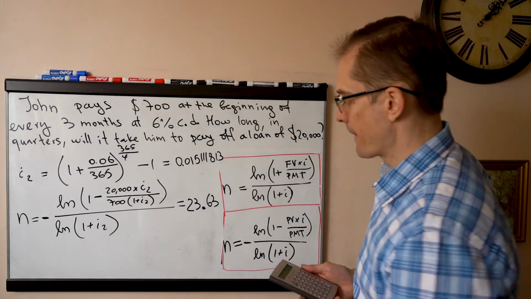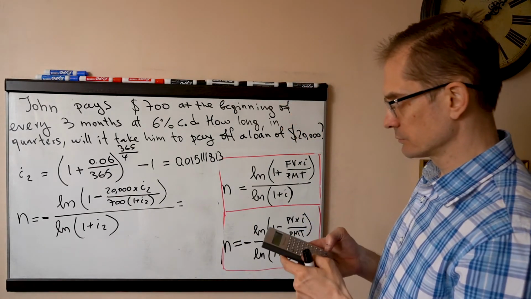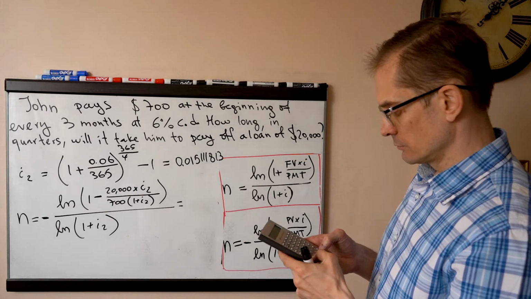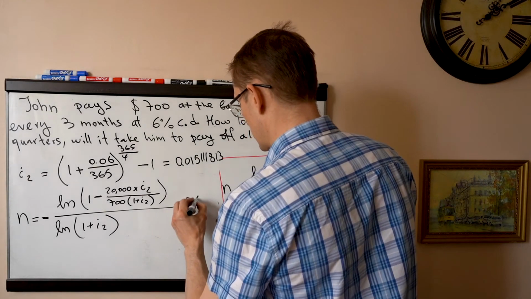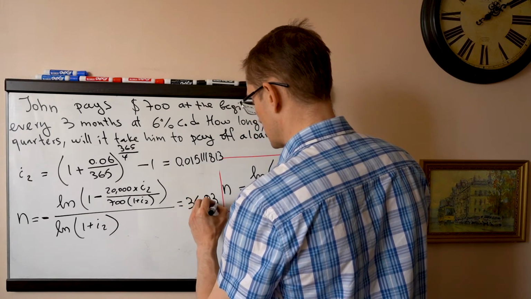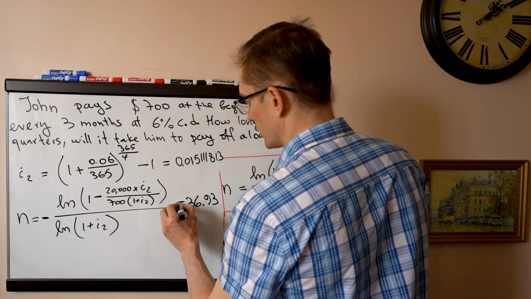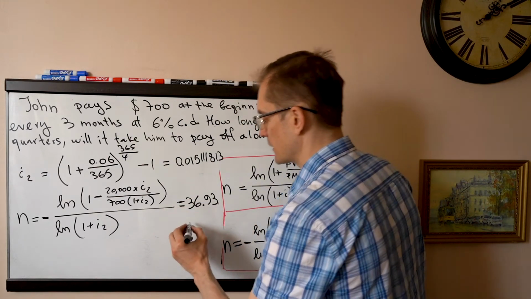So let me now calculate the answer here. So the answer I got is 36.93. Now, remember, what is this 36.93? That's 36.93 payments, right?